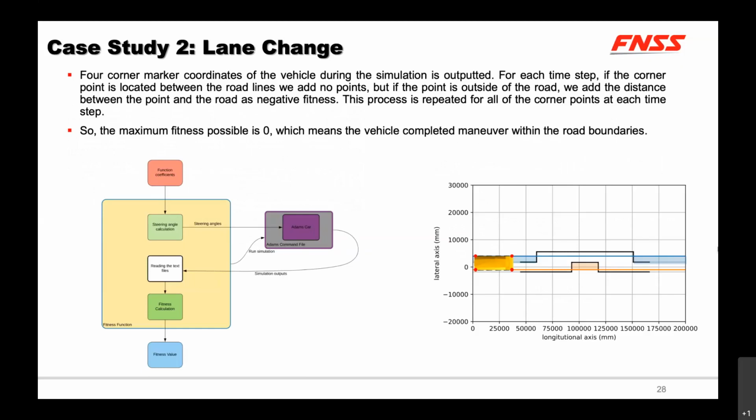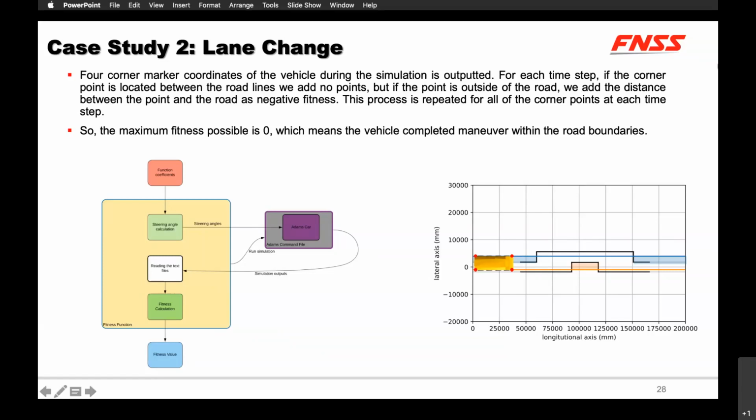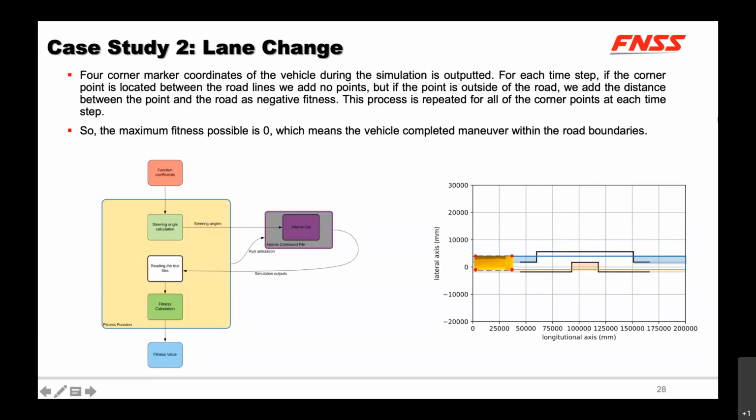If a marker in one time step is located between the road boundaries, it gets a 0 as fitness. So if all of our points stay between the road lines, we get a 0 as a maximum fitness value, which means our vehicle has completed the maneuver without going over the border.